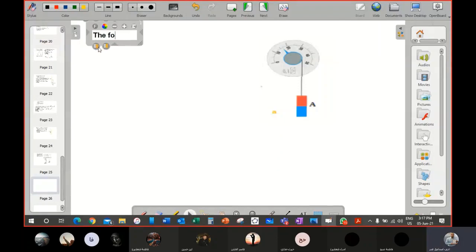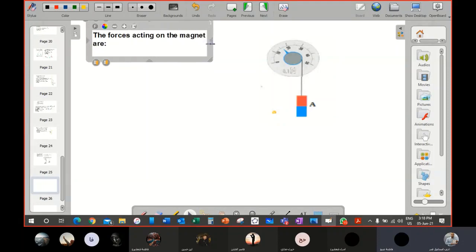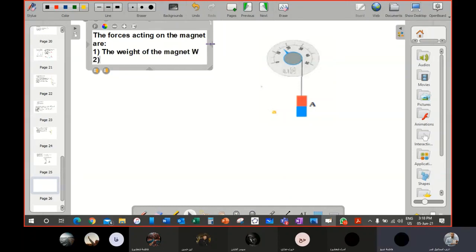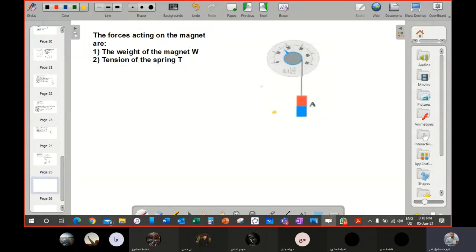The forces acting on the magnet are: one, the weight of the magnet, capital W. Two, tension of the spring, we also name it capital T. Okay, this is the weight and this is the tension.